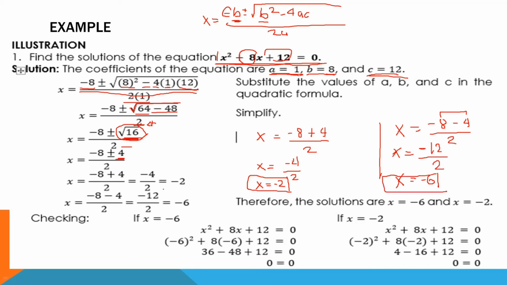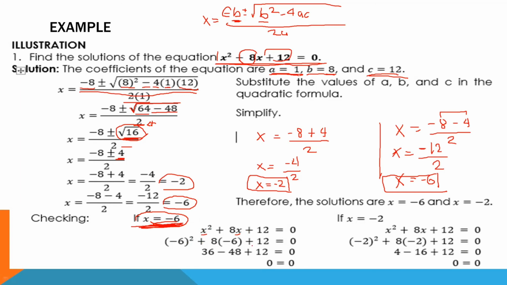And then, to check, we need to substitute the value of x into our equation to see if it is correct. First, if x is equal to negative 6, we replace x with negative 6. So, it becomes negative 6 squared plus 8 times negative 6 plus 12 is equal to 0.